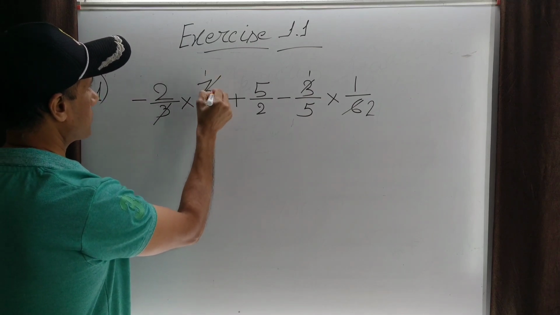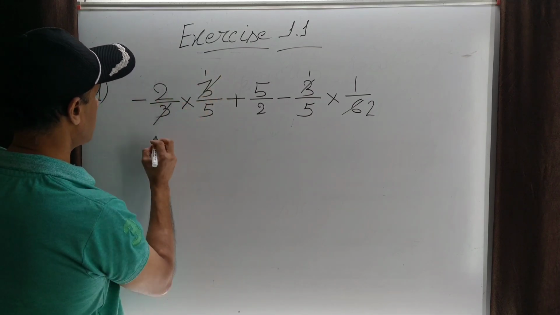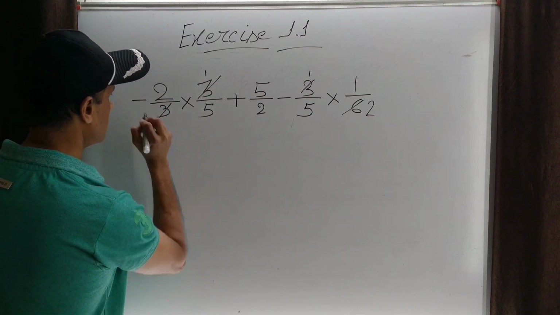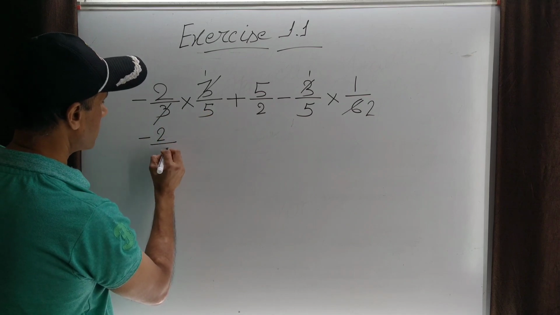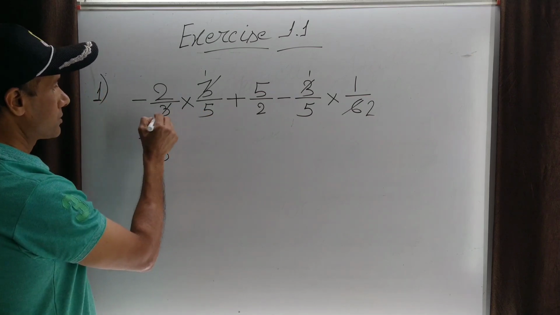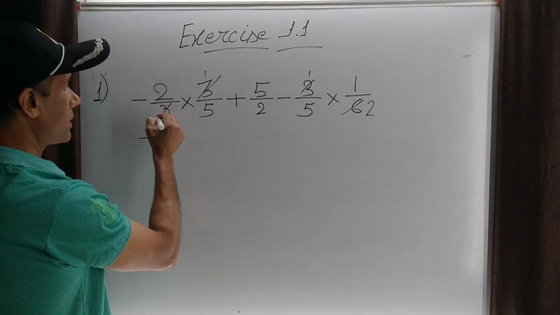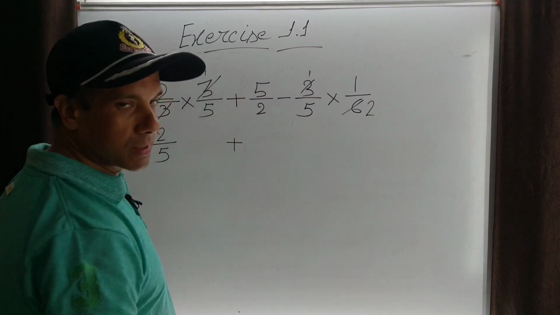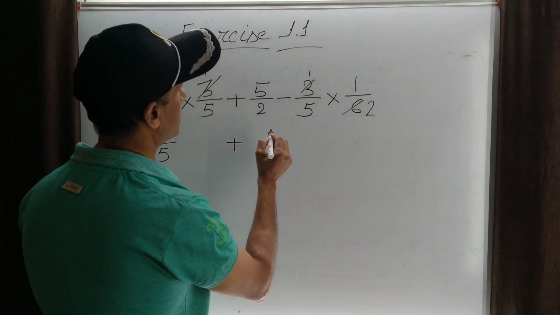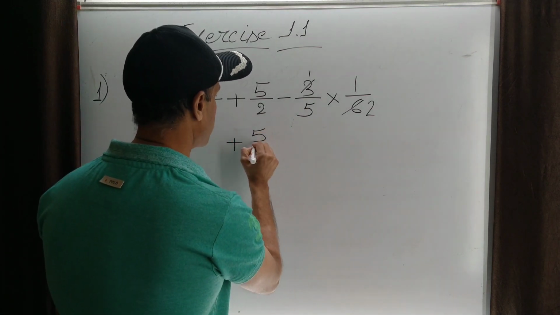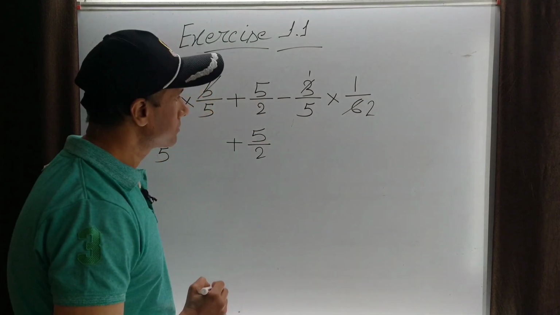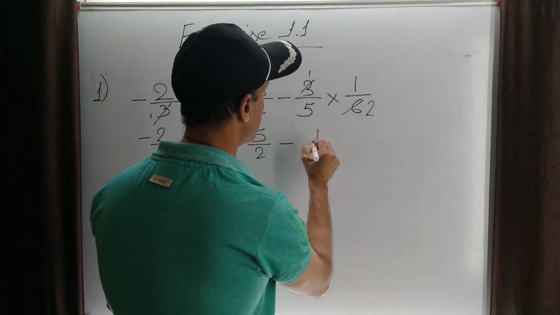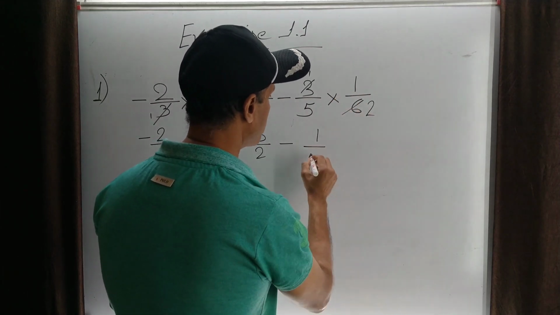Here, the minus sign is written, and 2 multiplied by 1 is 2, and in the denominator comes 5, because while dividing both by 3, what is left is 1. Here comes the operation addition, and we write the same way 5 by 2, and again minus, and here we are left with 1 by 5 into 2, that is 10.